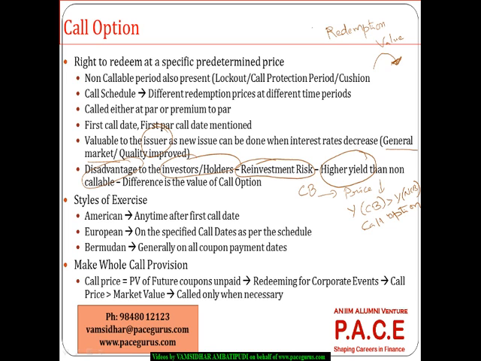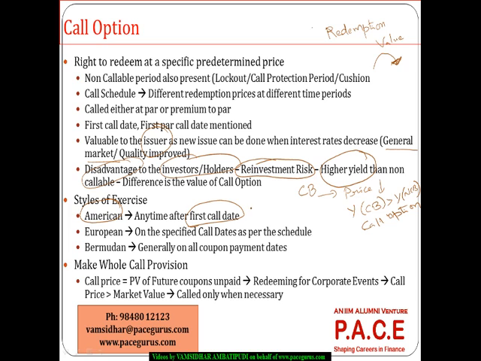The premium that one party is paying to the other, the issuer of the bond is paying to the investor of the bond, for getting that additional right of deciding whether to call back the bond or not. And in general, what we see is these call options could be either American in nature, which means after the first call date, any time the option can be exercised.